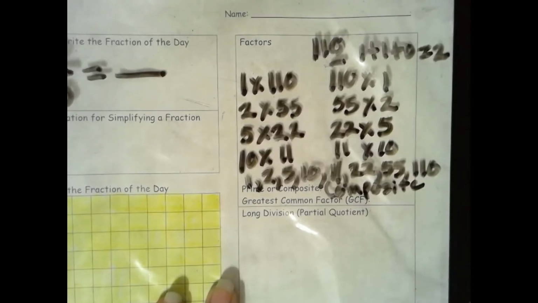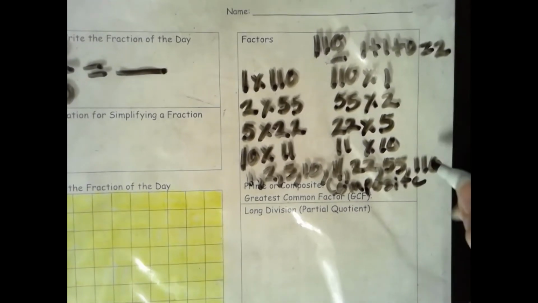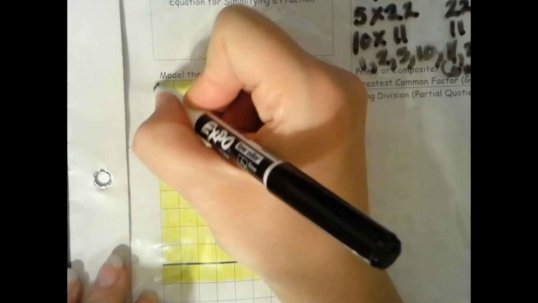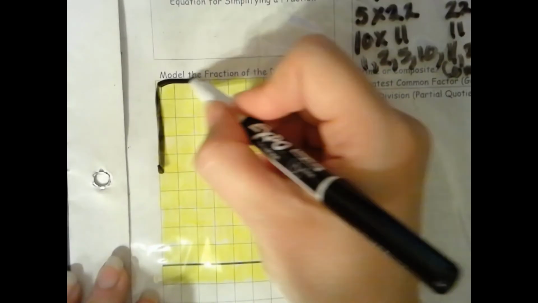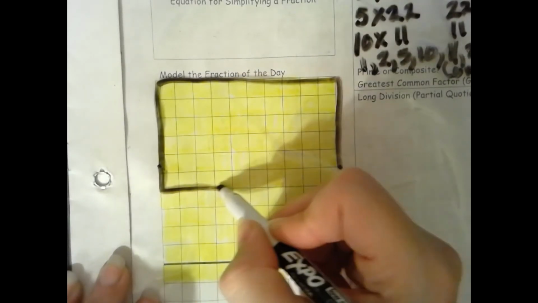Now we need to find our greatest common factor. We only have 70 school days left, so 110 is too big. I can't make a group of 110 out of 70. So let's try 55. So 5 tens, and then 5 ones.